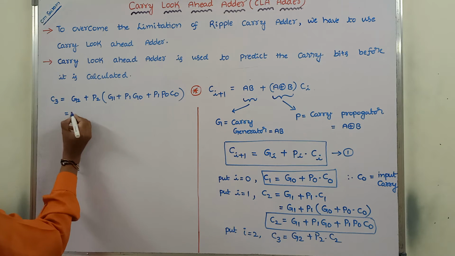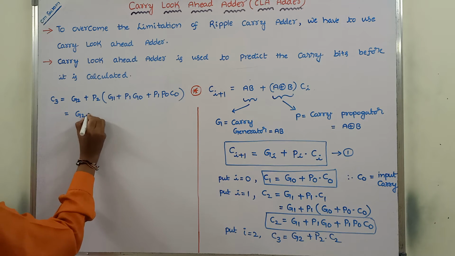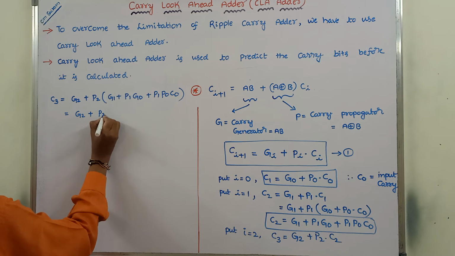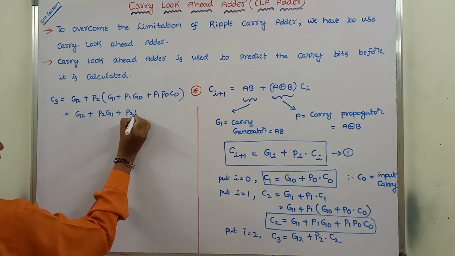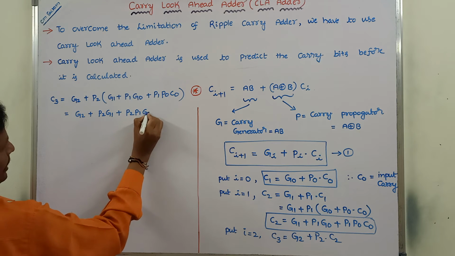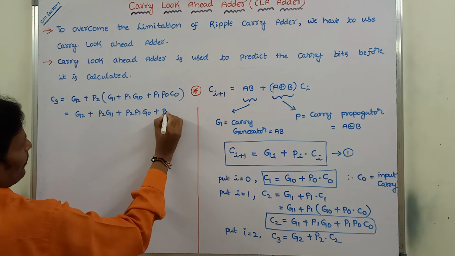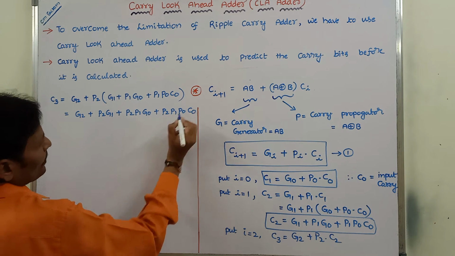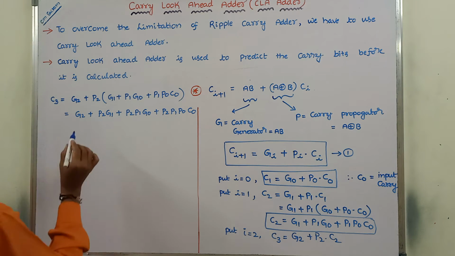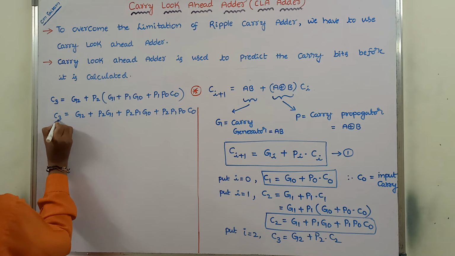Then we get G2 plus P2 G1 plus P2 P1 G0 plus P2 P1 P0 into C0. So this is C3.